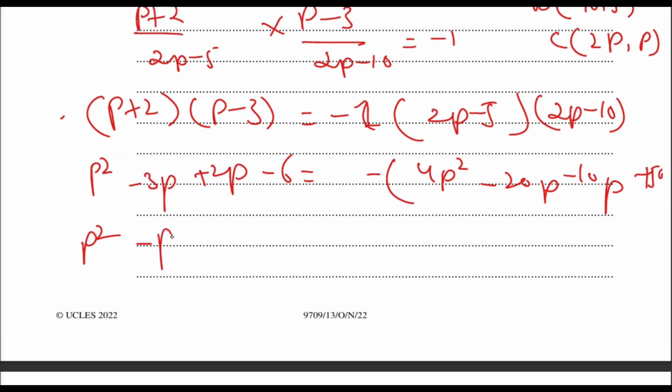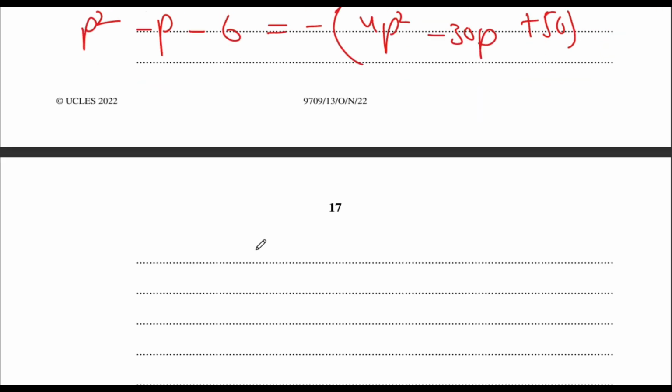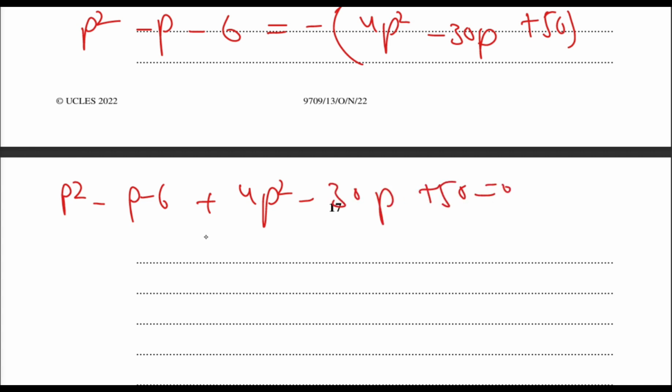Here we will have p square minus p minus 6 equals minus 4p square plus 30p minus 50. p square minus p minus 6 plus 4p square minus 30p plus 50 is equal to 0. 5p square minus 31p plus 44 equals 0.